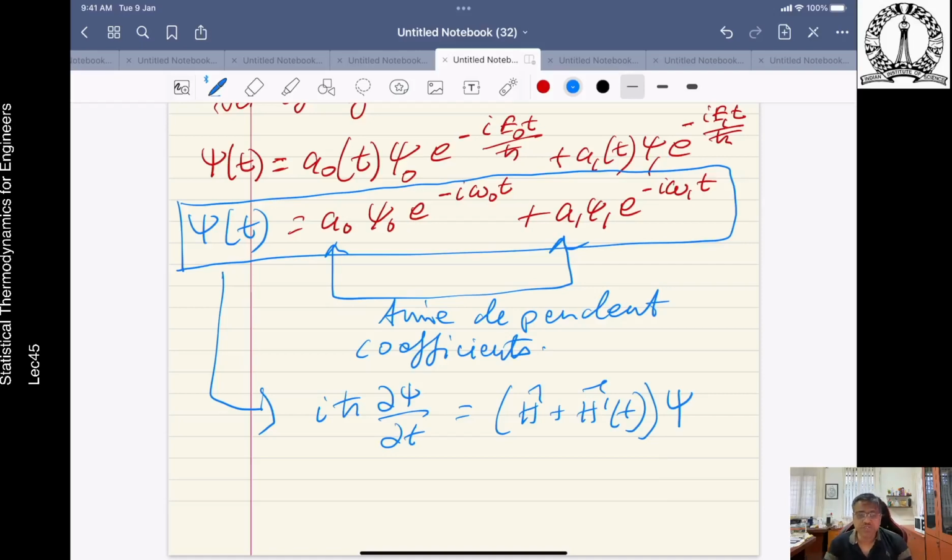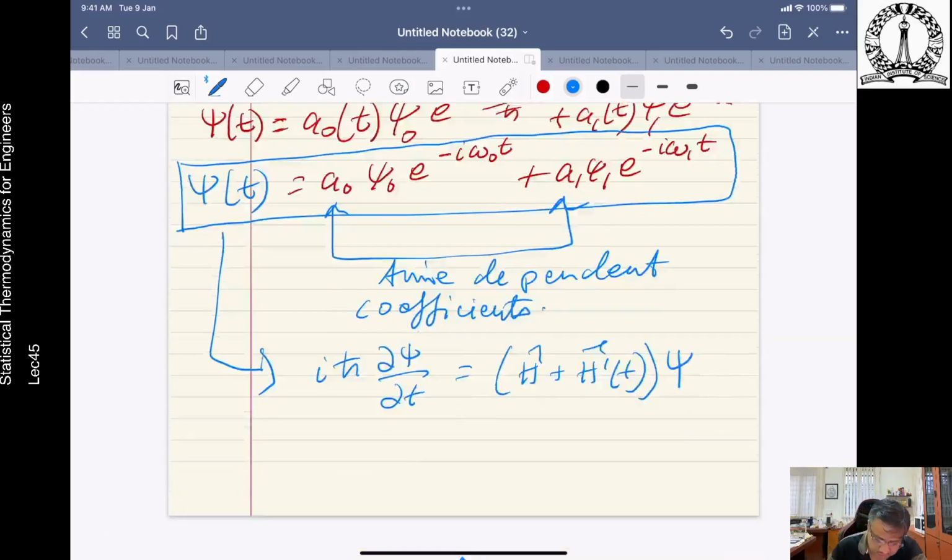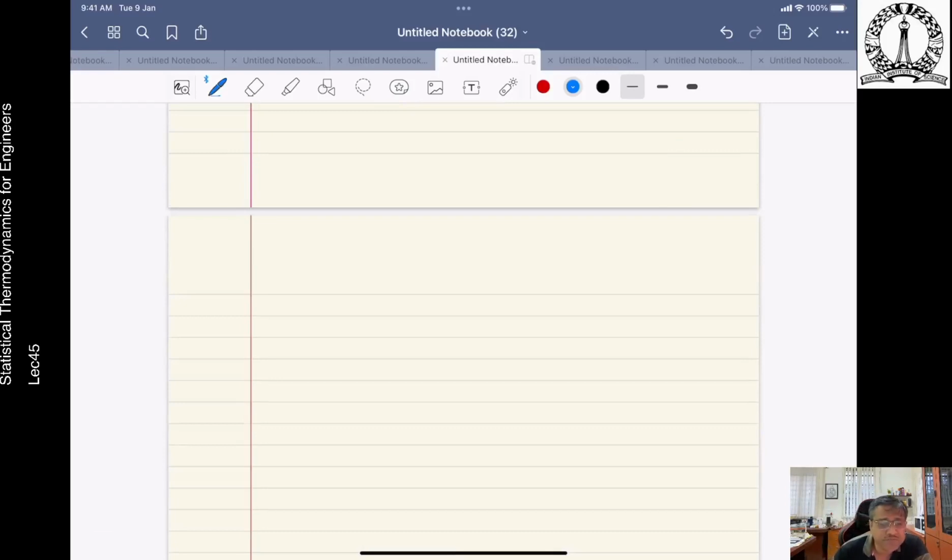If you substitute this solution into that, this leads to the equation iħ times (ȧ0 ψ0 e^(−iω0 t) plus ȧ1 ψ1 e^(−iω1 t)), where the a's are once again the time-independent portion. Remember, that's why I'm writing it in italics.